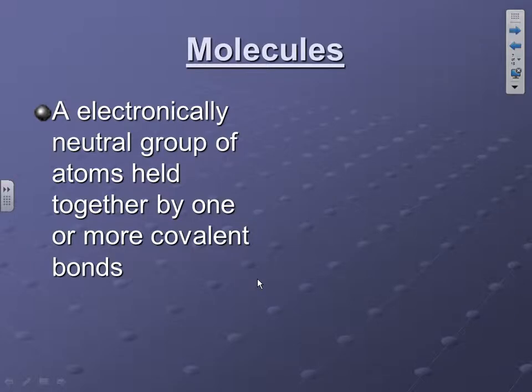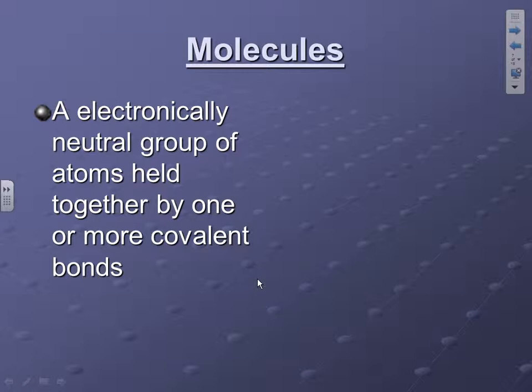We refer to the formula that we just drew as a molecule. By definition, a molecule is an electronically neutral group of atoms held together by one or more covalent bonds. So, two requirements. One, it's got to be electronically neutral.